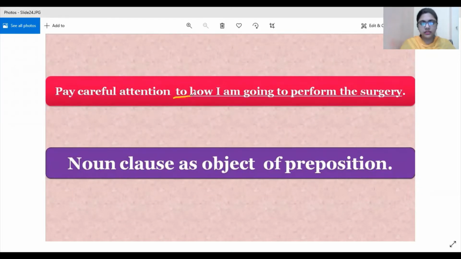Okay, so here to is not a verb, it is a preposition. So the noun clause which is placed after to is object of preposition, not an object of verb. I hope the difference between the two is clear to everyone.